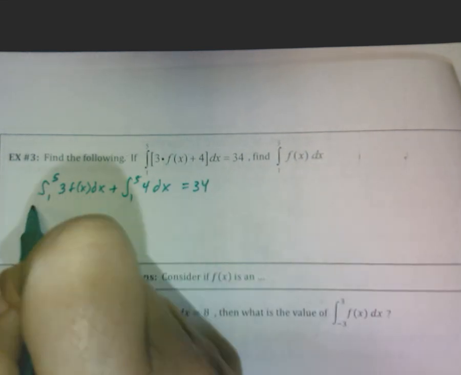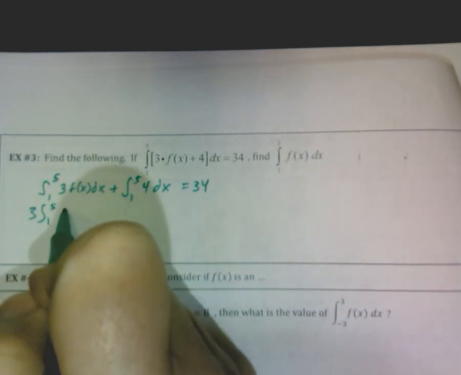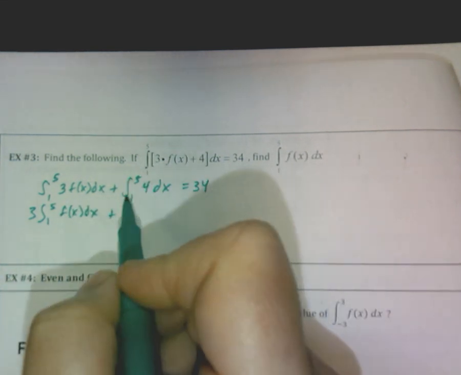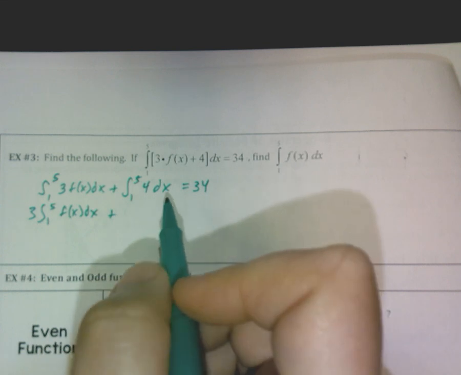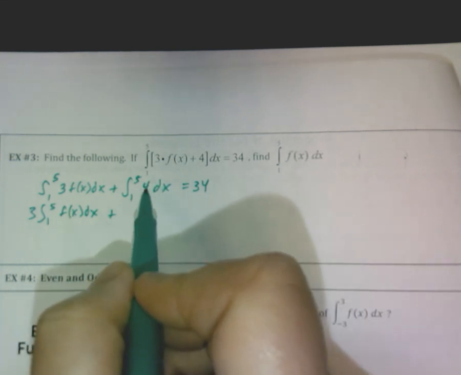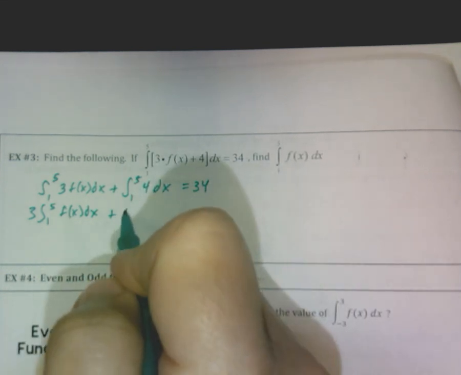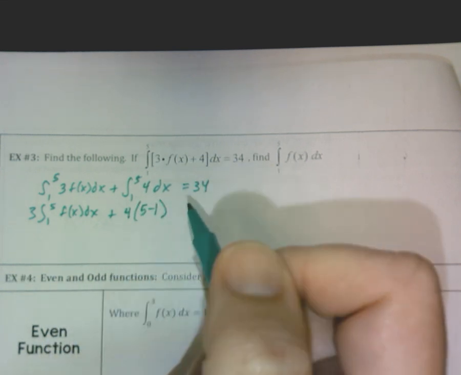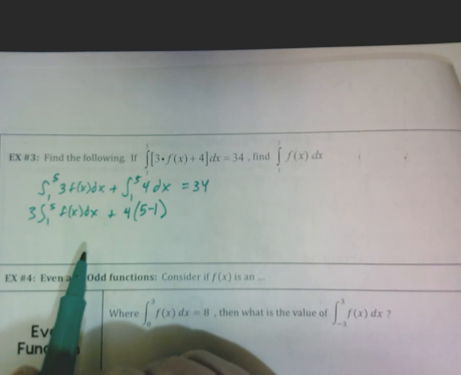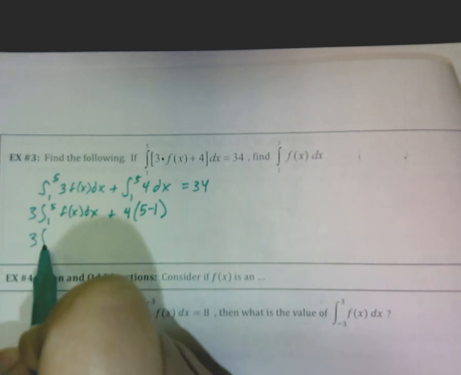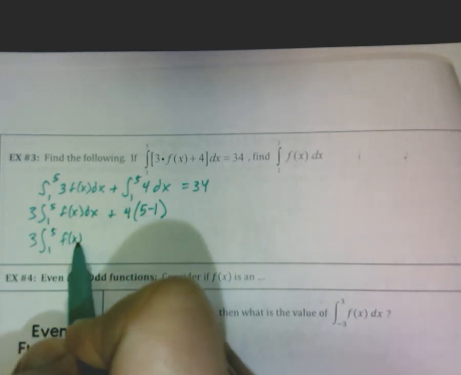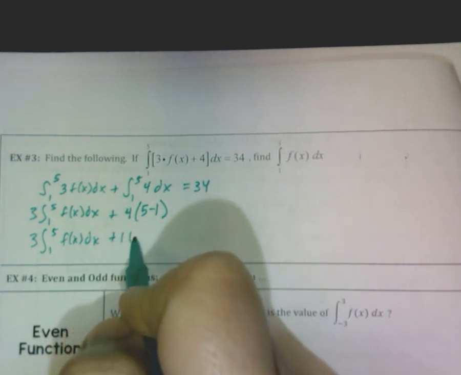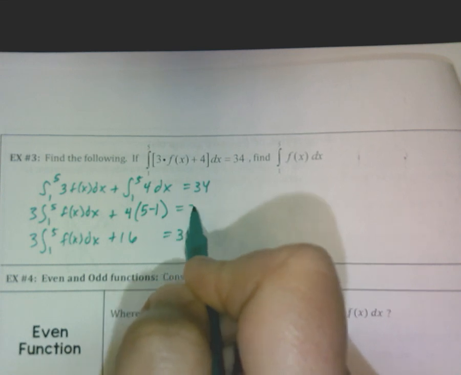This one, we can take this 3 on the outside. And this one, we know that this 4 is a constant, so the property says you would just do 4 times 5 minus 1. So then, let's see what we got here. 3 times the integral from 1 to 5 of f of x dx. 4 times 4 is 16, and this equals 34.